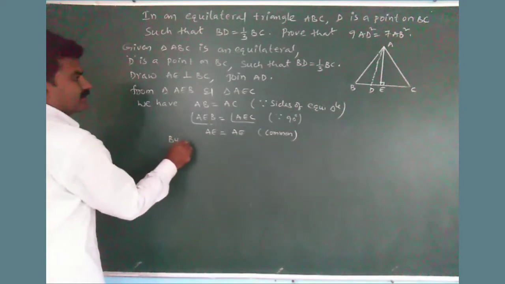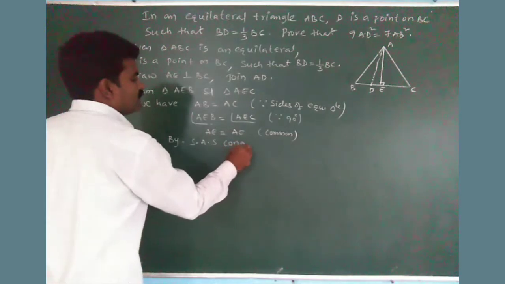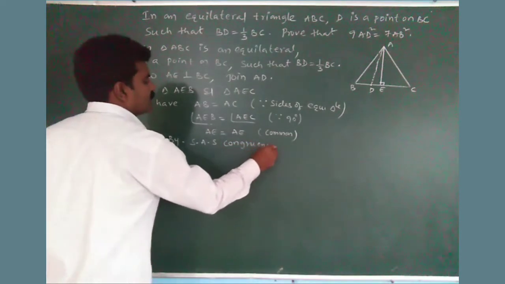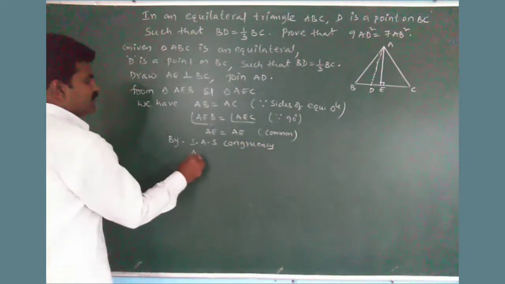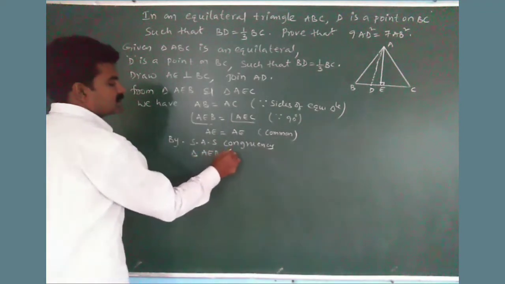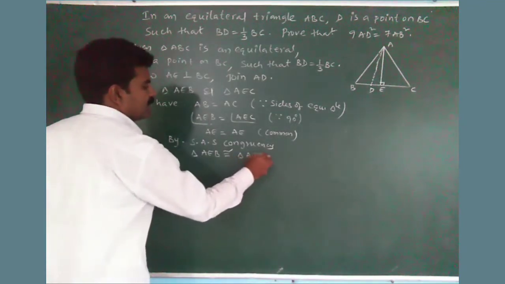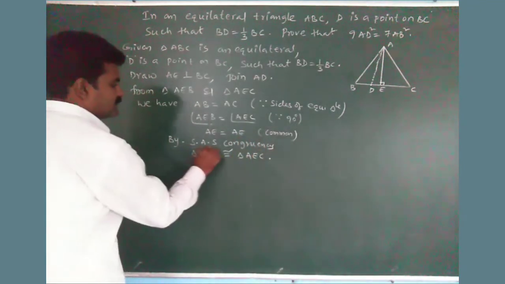So by SAS congruency, we can say that triangle AEB is congruent to triangle AEC.